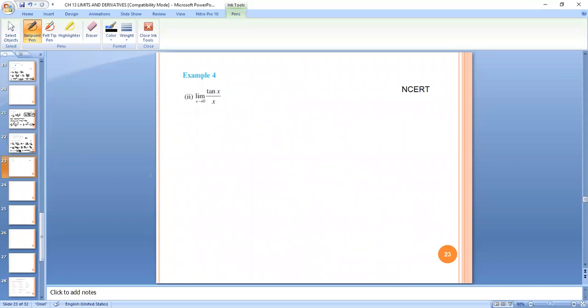Tangent x upon x. This we can do now. Limit x tending to 0, tangent x, I can write as sin x upon cos x, and the x in the denominator I am writing as 1 upon x. Now, what comes to your mind? We can rearrange.